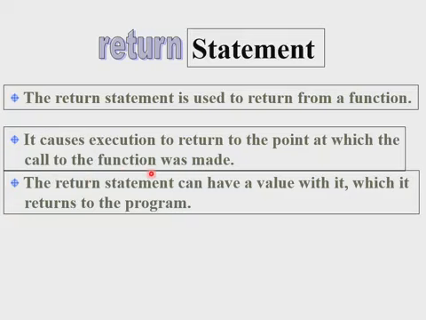That is, when we call any function from the main function, after execution of the function, the return statement will go back into the main function where we called it. The return statement can have a value with it, which it returns to the program. So the return statement can have any value that will be returned to the calling function.